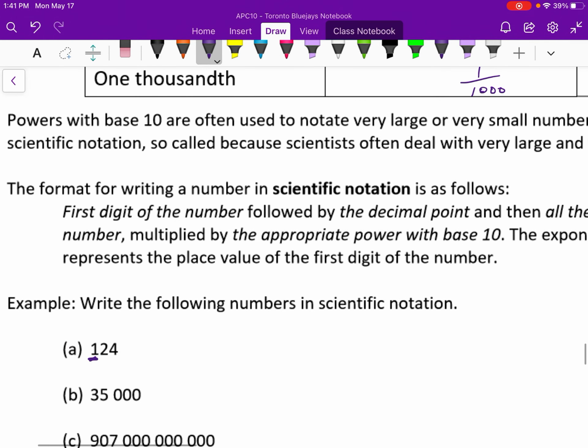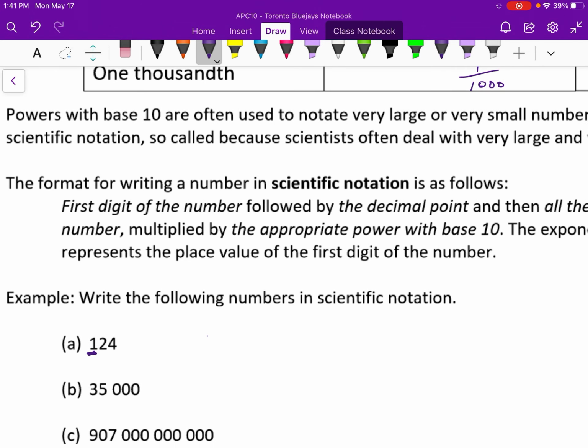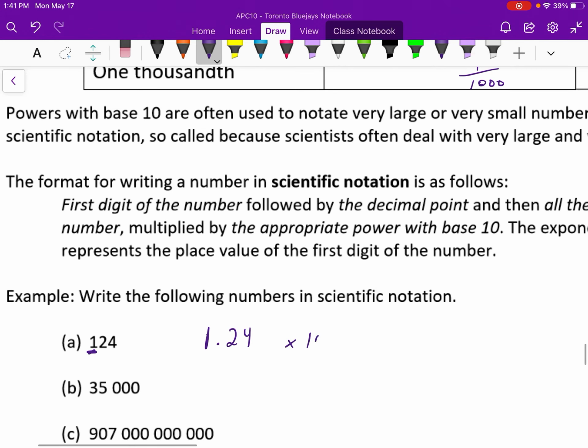Here we have 124. How would I write this in scientific notation? 1.24 times 10 to the power of, well, what is the place value of that first one? It's hundreds, 10 to the power of 2.